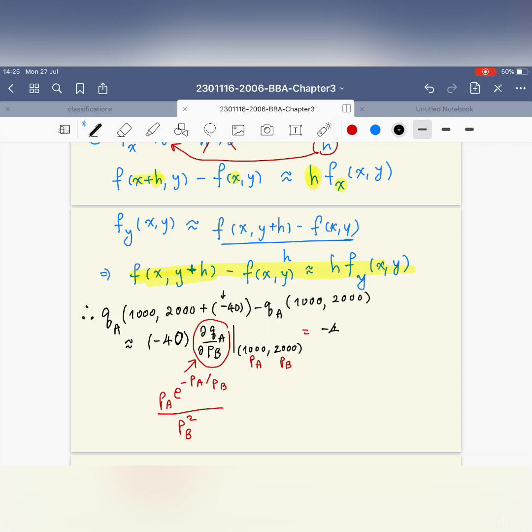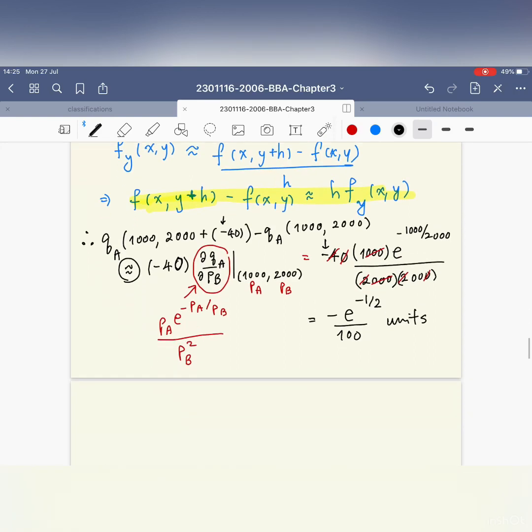So you end up with negative 40 times PA e raised to the power negative PA over PB, over PB square. You got 2000 twice, so the 1000 can be cancelled, the 4 can be cancelled, and one of the 0s can be cancelled. So you end up with e raised to the power negative 1/2, with a negative sign here, don't forget, over 100. This is the approximation of the change, and this should be in units.